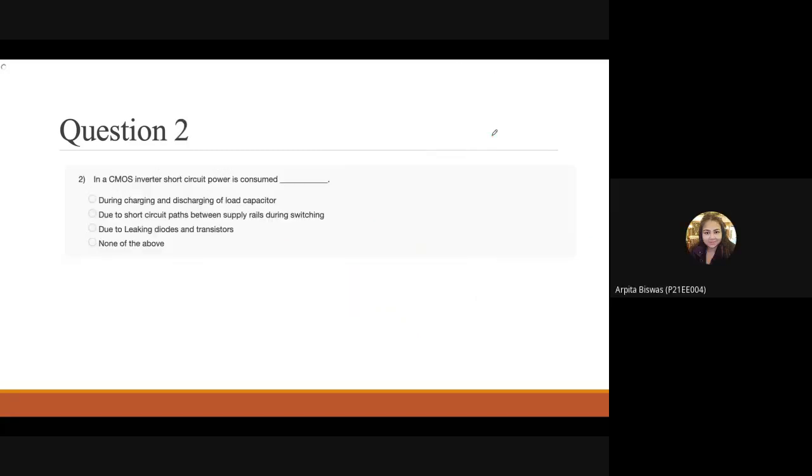Okay, so this is question number two. In a CMOS inverter, short circuit power is consumed: first option, during the charging and discharging of load capacitance; second option, due to the short circuit path between the supply rails during switching; option C, due to the leaking diodes and transistor; and option D, none of the above.